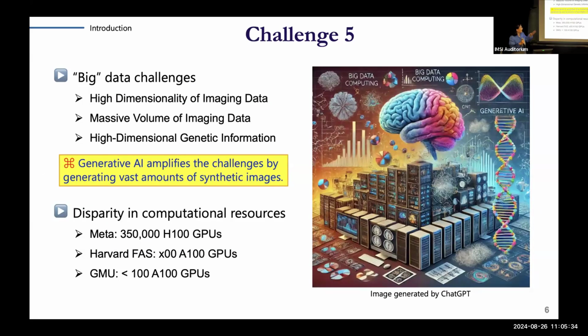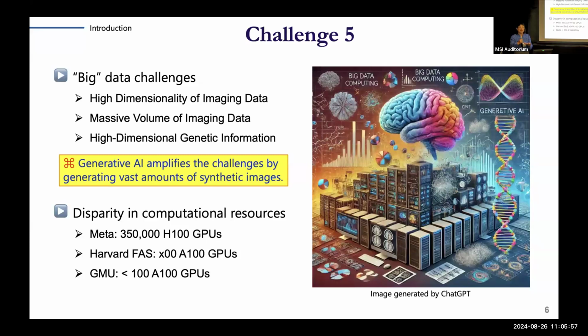And the last challenge I want to talk about today is computing. We know that many of you deal with neuroimaging data. A typical 3D scan contains 100,000 voxels. Then you multiply by the number of time points and conditions, and then multiply by the number of participants.